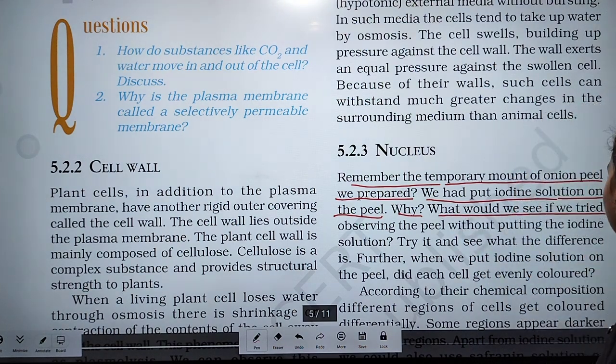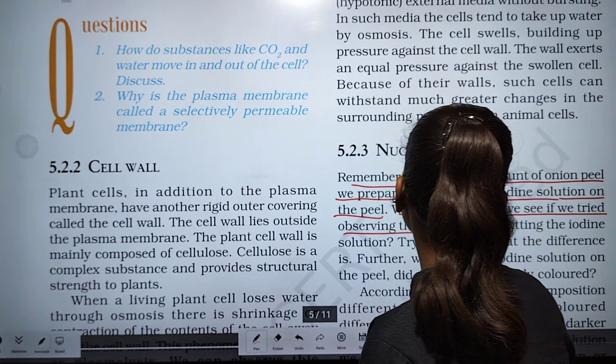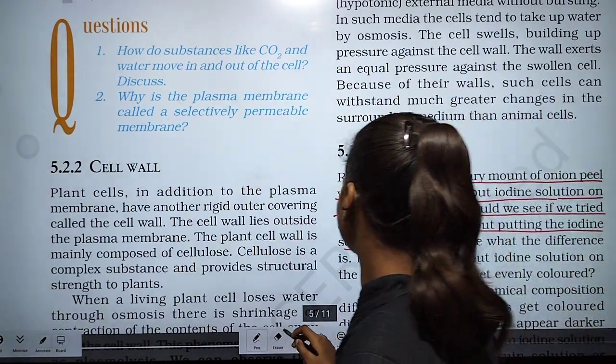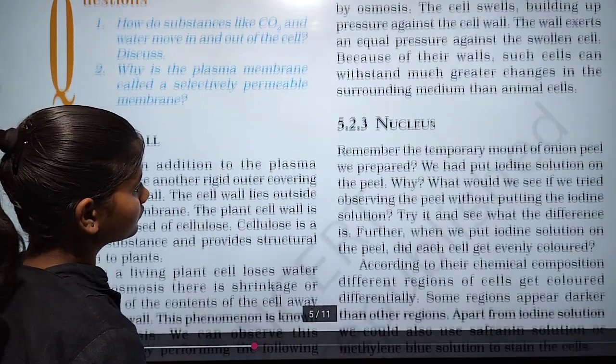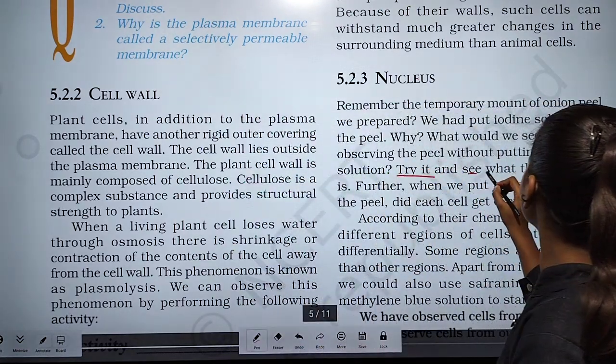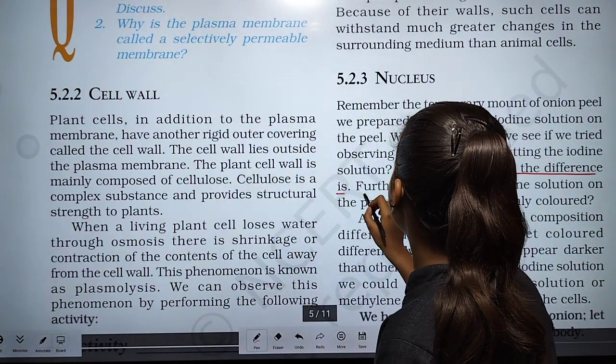What would we see if we tried observing the peel without putting the iodine solution? Try it and see what the difference is.